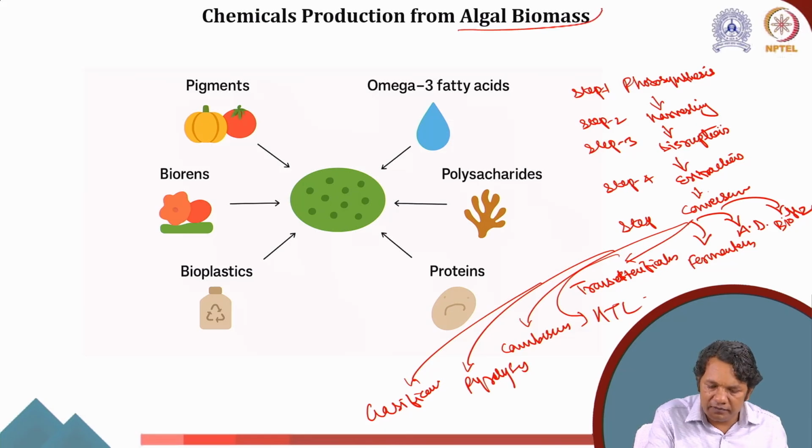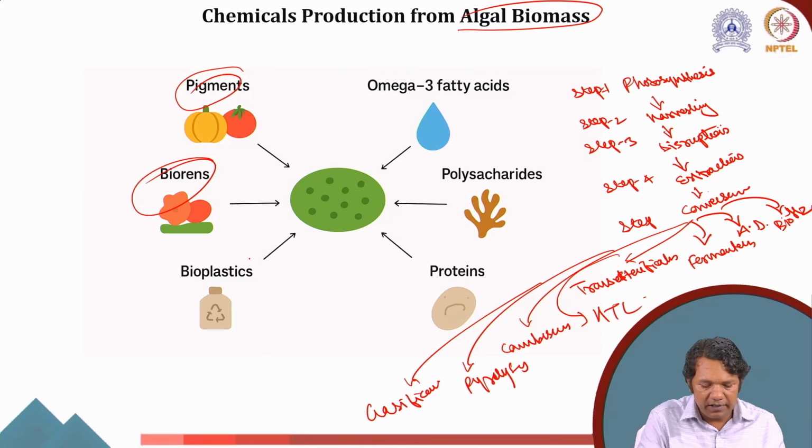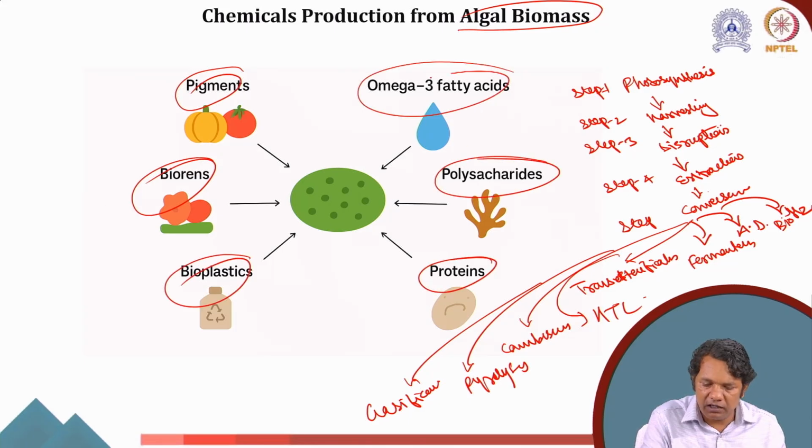Algal biomass can be used to produce pigments, proteins, bioplastics, polysaccharides, omega 3 fatty acid, and a lot of other things. In fact, if we have to set up an algal processing unit, it should be an integrated biorefinery where we produce fuel as well as chemicals.